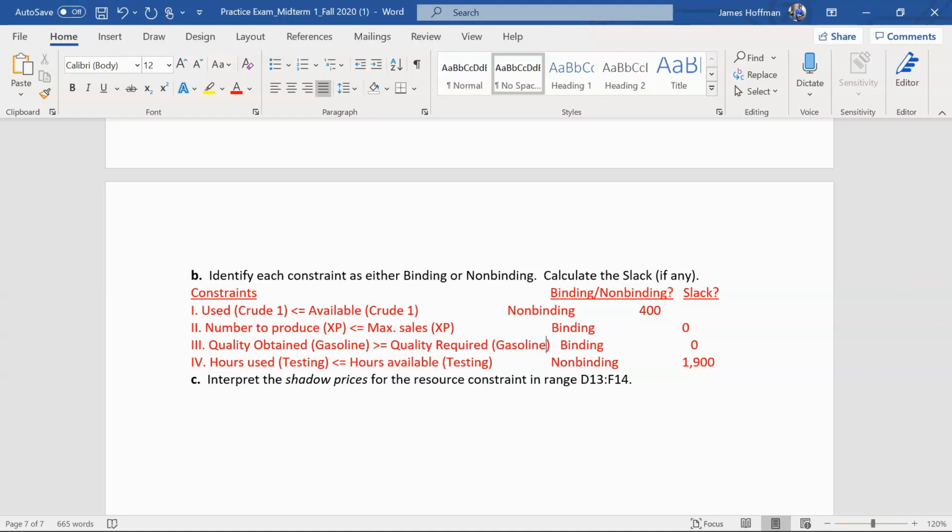All right, and then let me just fill in. So you need the resource constraint for both types and the quality constraint for both types.